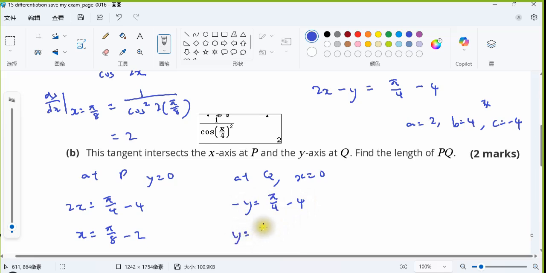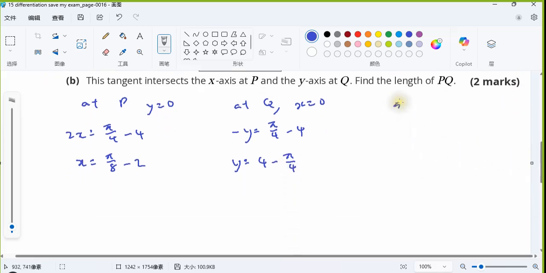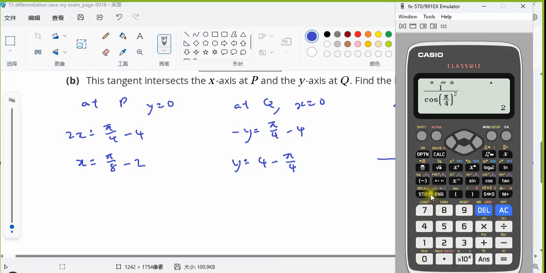So y will be 4 minus pi over 4. Okay, so for this one, we have pi over 8 minus 2, negative, and 4 minus pi over 4.